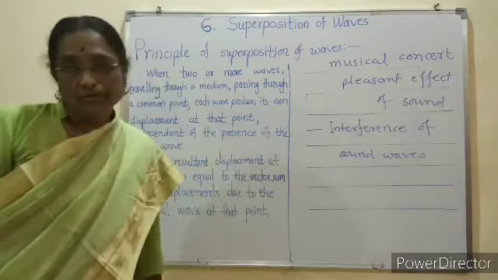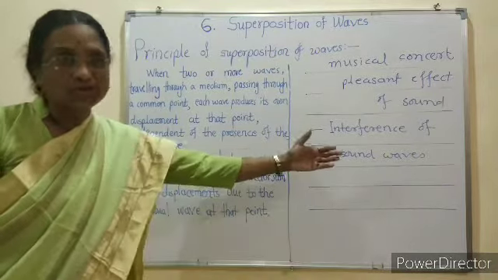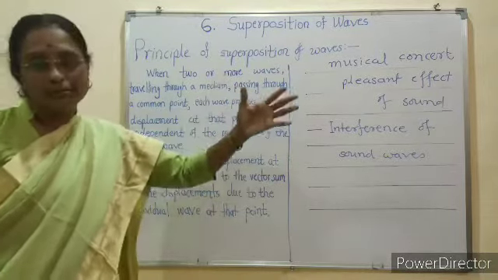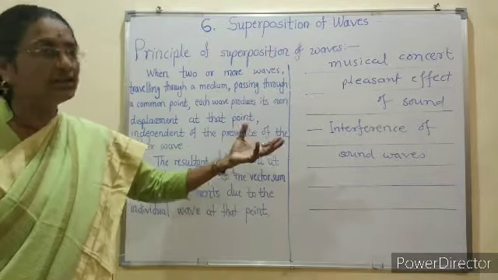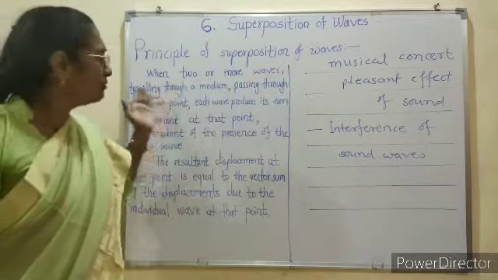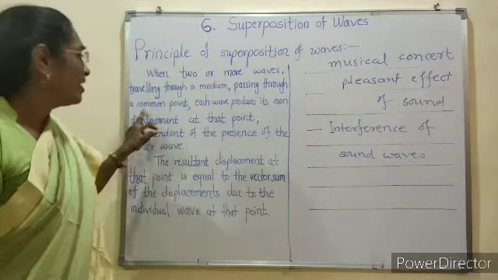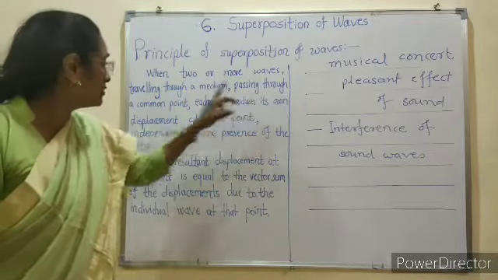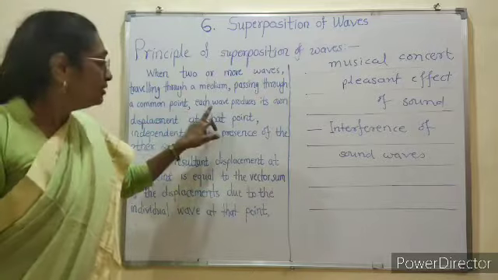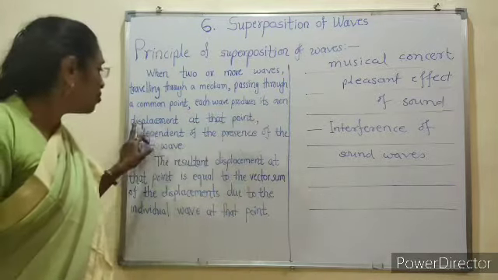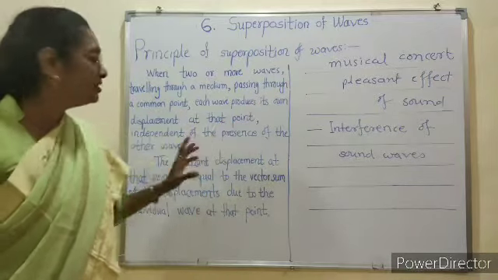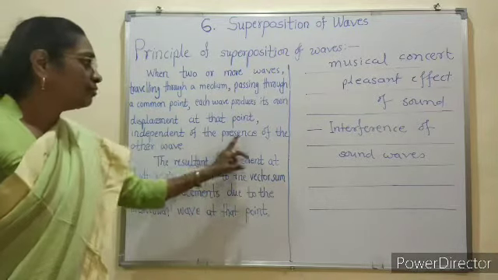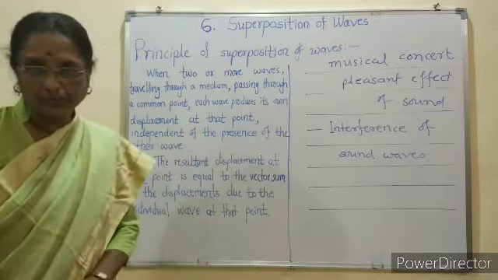In our example of a musical concert, there may be 4 or 5 types of musical instruments. More waves are traveling through the medium, and if they are passing through a common point, each wave produces its own displacement at that point or in that region, independent of the presence of other waves.